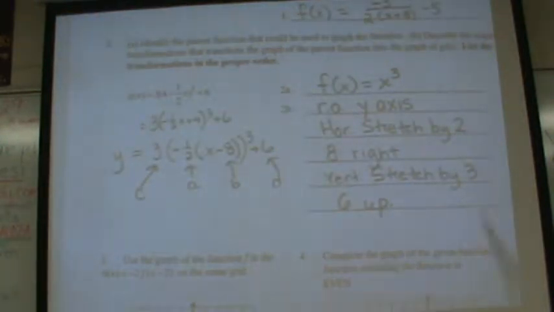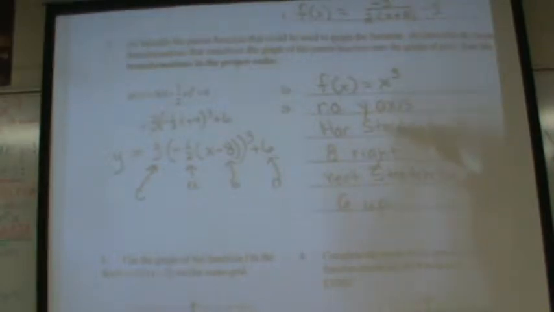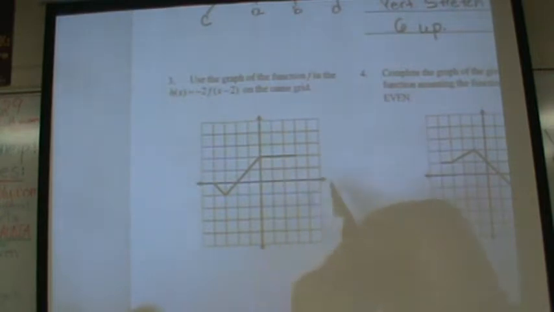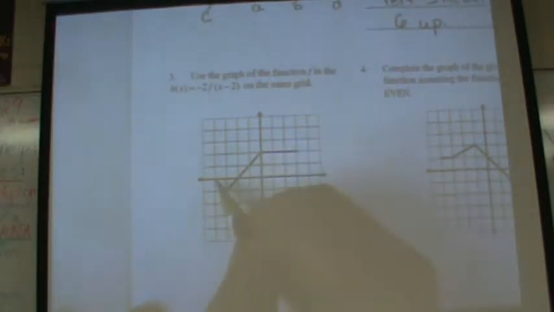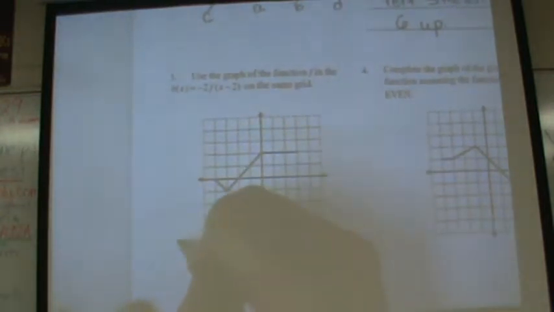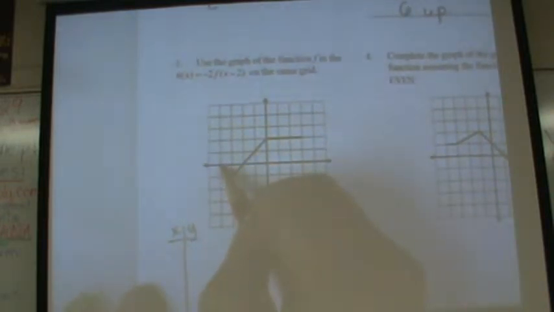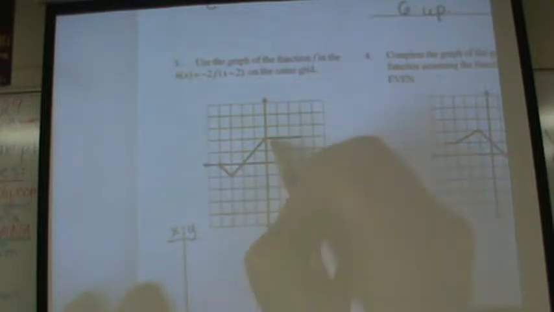Number 3, and this will be worth 1, 2, 3, 4, 5, 6, and 1 for the order, 7 points. Number 3, we have this graph here, and this graph consists of the following ordered pairs. So if I made a t-chart, and I always do left to right, so I'm going to name this point, this point, this point, and this point.